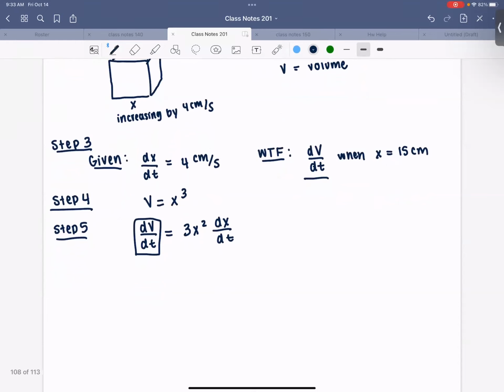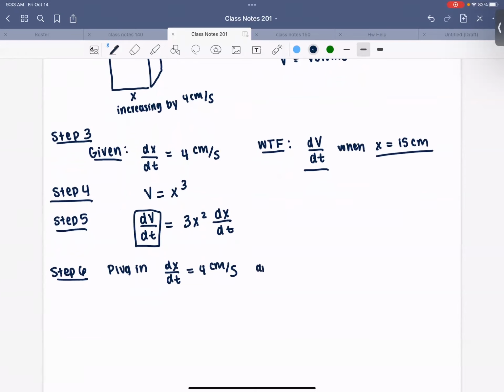Okay, so step 6 tells us all we have to do is plug in what we know. So we're going to plug in dx over dt equals 4 centimeters per second. We're also going to plug in what we're interested in, which is x equals 15 centimeters.